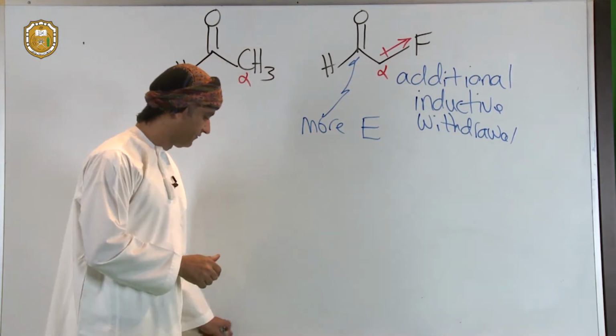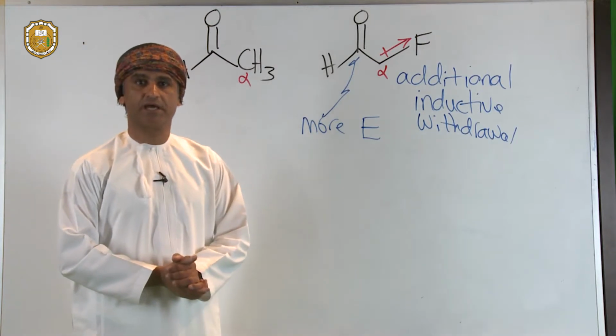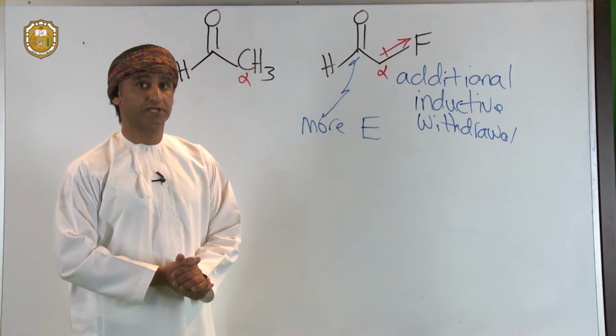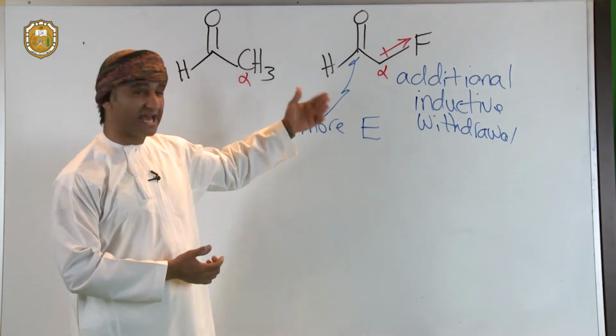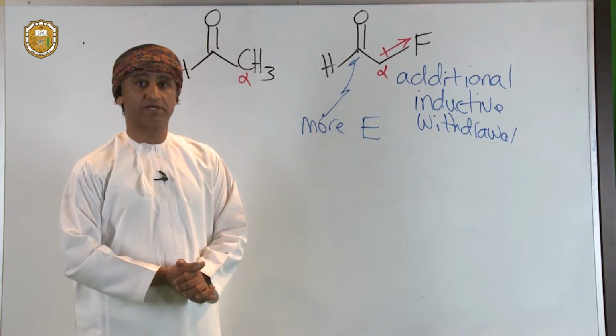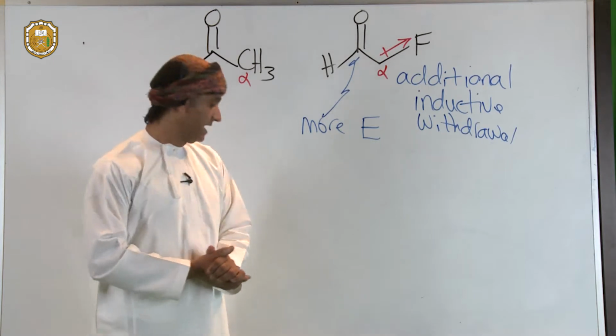So the presence, therefore, of an electronegative atom on the carbon adjacent to the carbonyl group makes the carbon of the carbonyl group more electrophilic. And of course, as the number of electronegative atoms increases, the carbonyl group will be even more reactive, more electrophilic at carbon.